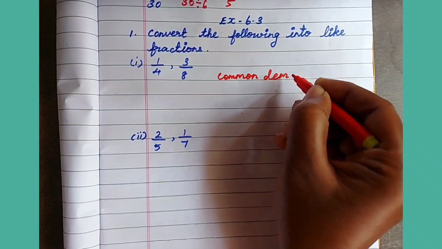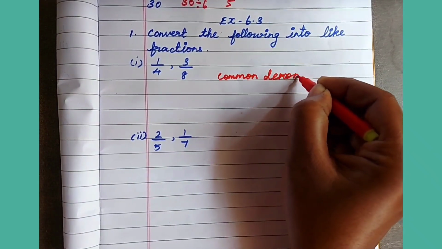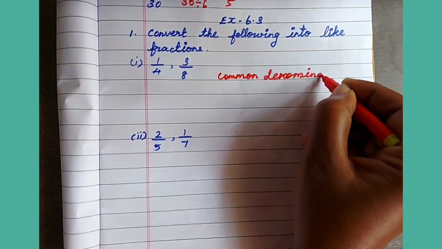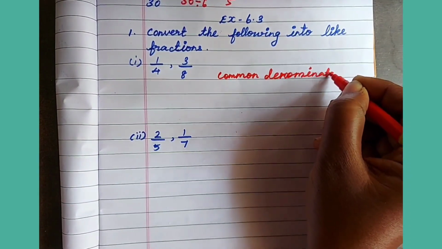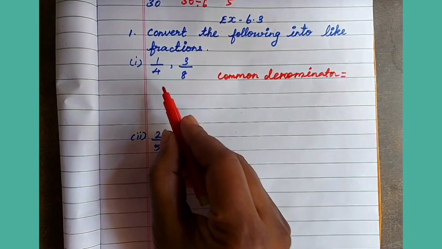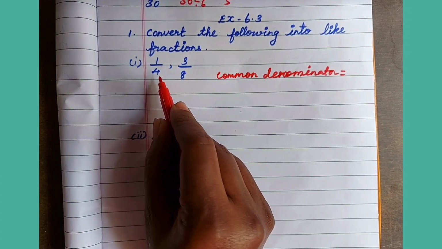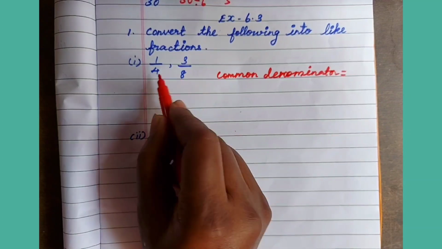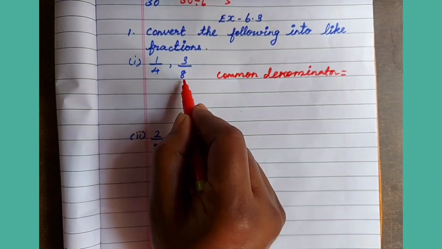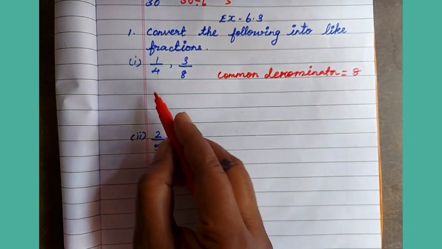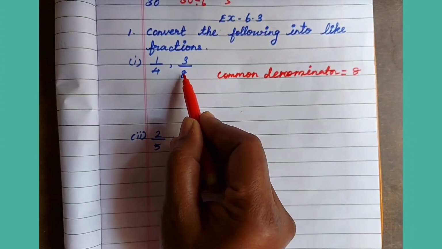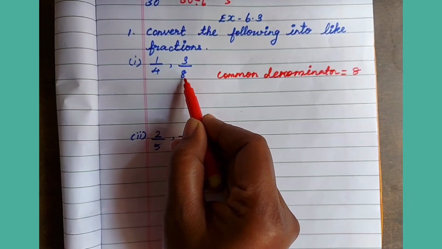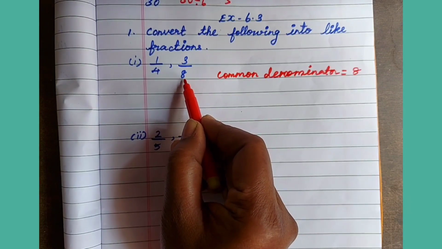So the common denominator value is 8, since 8 is twice of 4. One fraction already has 8, so the common value is here.